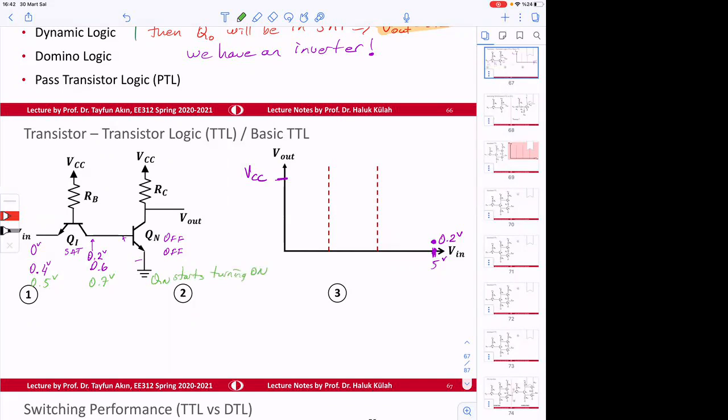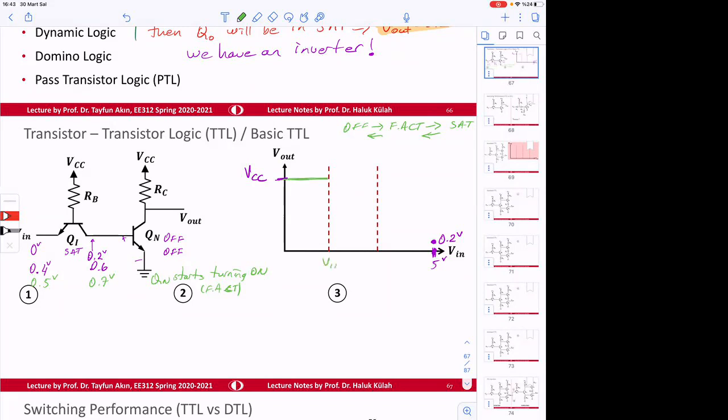When it starts turning on, remember the order. We go from off to forward active and then to SAT. And then SAT to forward active and to off. So turning on means it goes to forward active. So if it's becoming forward active, output is going to be decreasing. So we obtained the first breaking point.